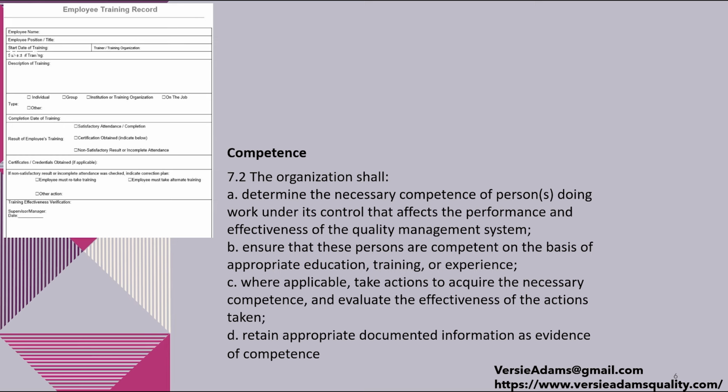Another method is after the training has occurred, that employee is observed performing their work for a short period of time, 2-3 weeks after the training has been completed. And if there are no non-conformances, no errors with their training, then they sign it off on that date, 2 or 3, 4 weeks after the training has occurred. So you want to do something like that, because if you don't, you're going to get a finding in the area of training effectiveness verification, because the standard is very clear on that.